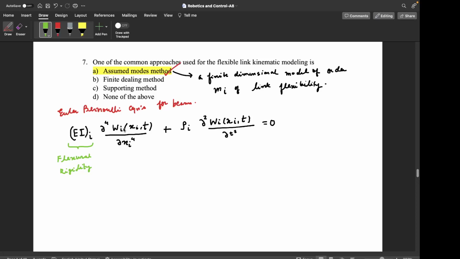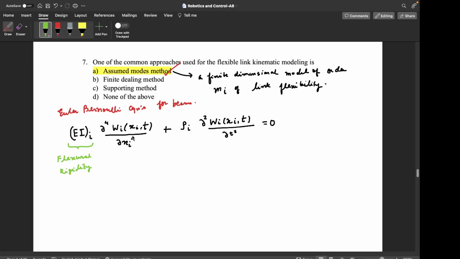Wi is the same as before, it's the deflection, and it depends both on space and time, basically position of the point and time, because the deflection is not constant throughout the motion of the link, right? And it's the fourth order partial derivative of the deflection with respect to the position.